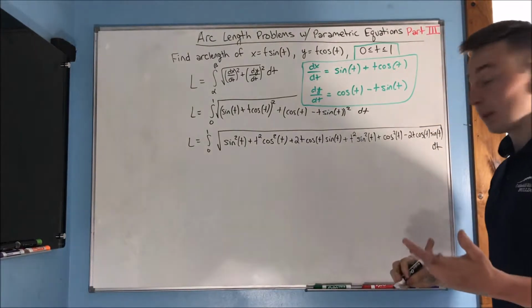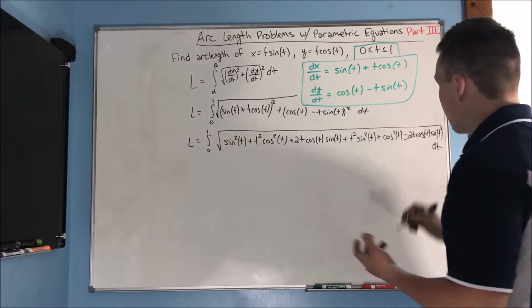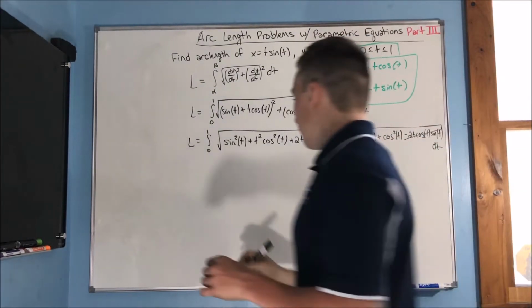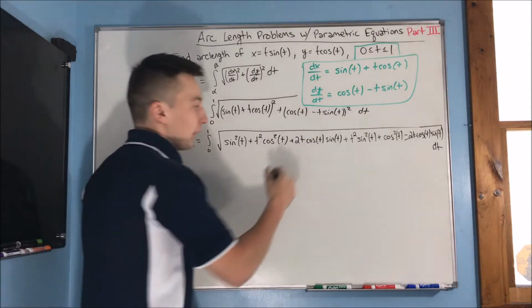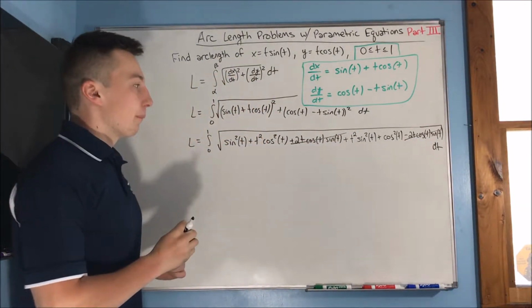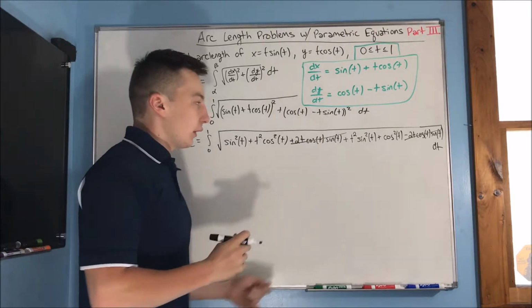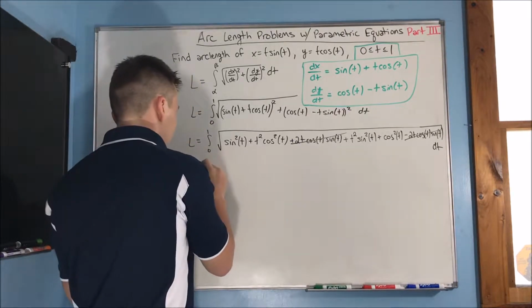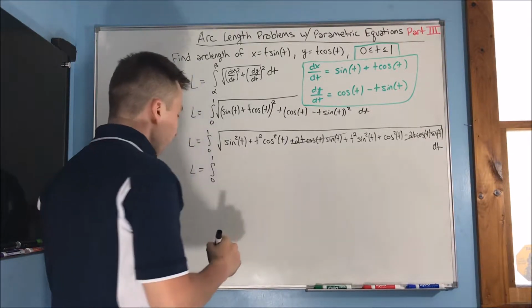Okay, so doing some simplification here. As in part 2, if you haven't seen that video, go check it out. These pieces are going to cancel out. And now we're left with something a little more complex, but not by too much.